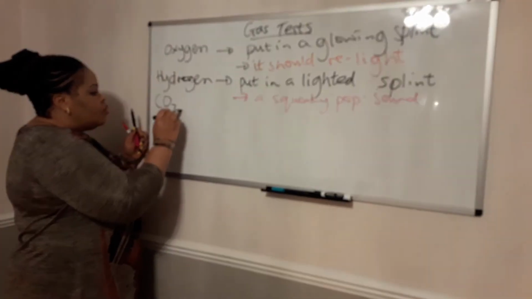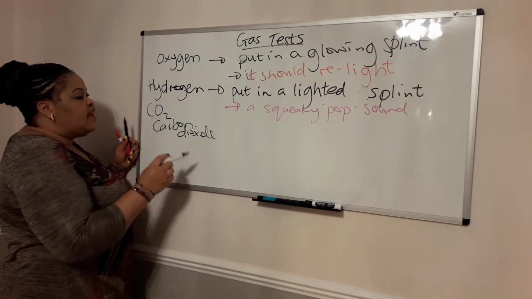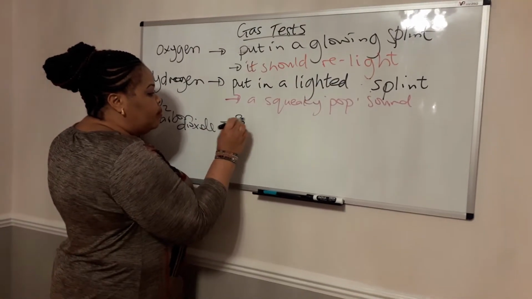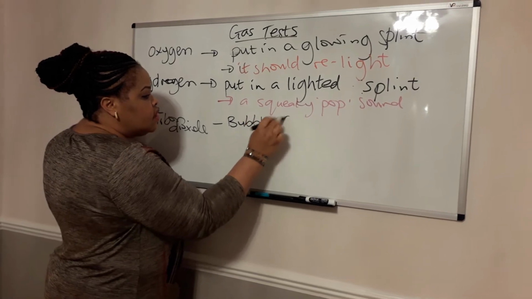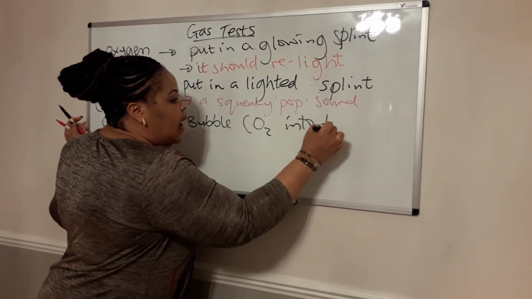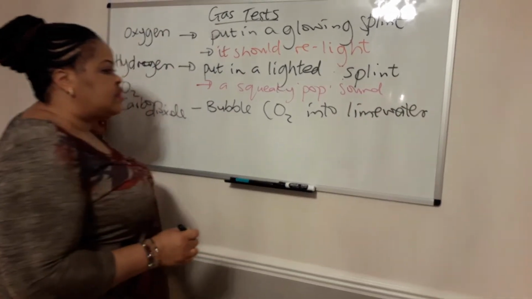All right, then we have CO2, or carbon dioxide. The test for carbon dioxide is you need lime water. So if you bubble CO2 into a container with lime water, a slight precipitate is formed.